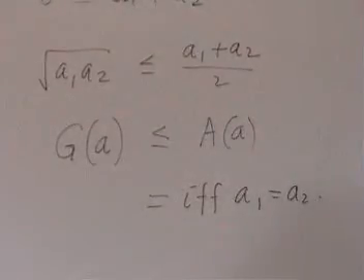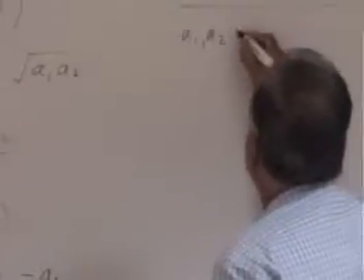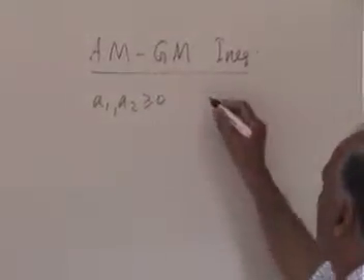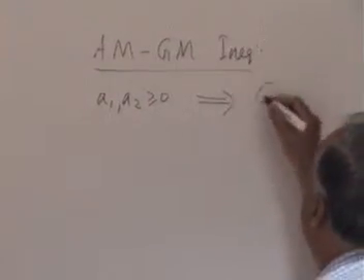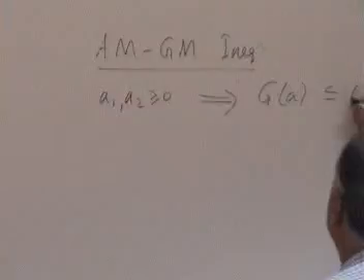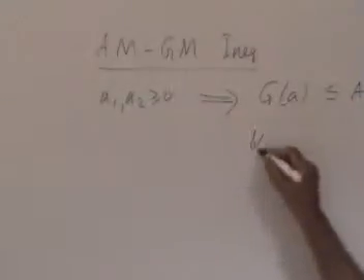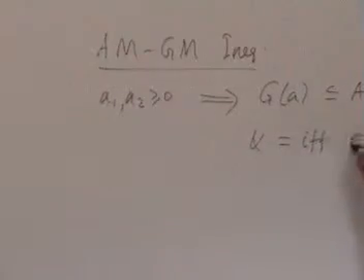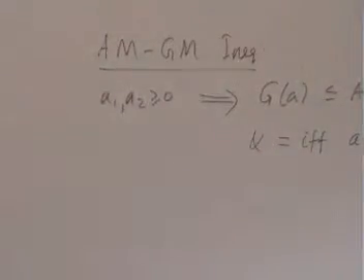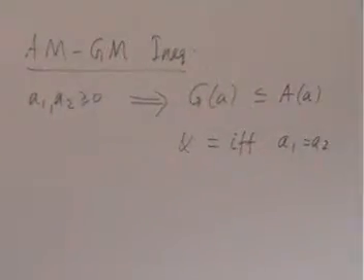So the AM-GM inequality in its simplest form is: a1, a2 greater than or equal to 0 implies GA is less than or equal to AA, where that notation is used, and equality only when a1 equals a2. That is the first simple form of the AM-GM.